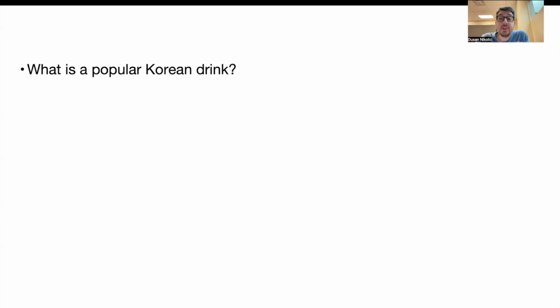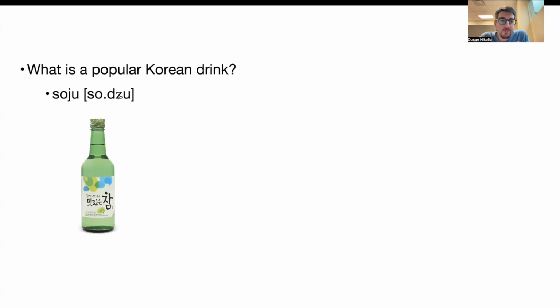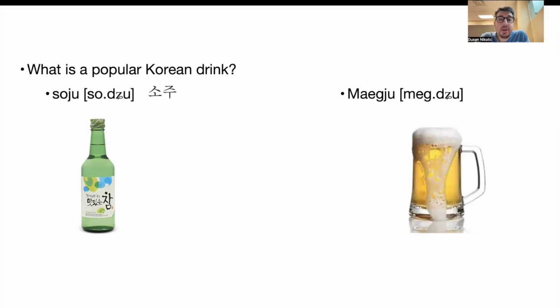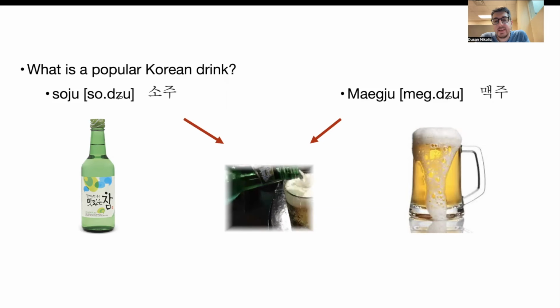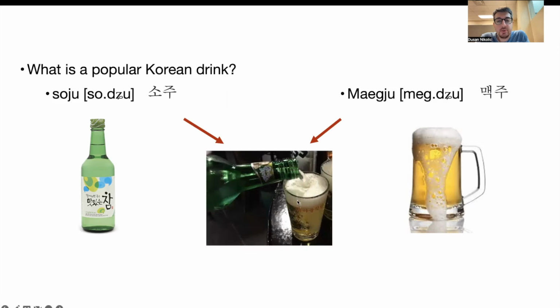What is a popular Korean drink? This is a pop quiz. It's soju, right? And it's written in Korean Hangul like this. But Koreans like to also drink maekju, which is beer, and it's written like this. Koreans like to mix it up a little bit, and they put soju into beer, and they make somaek. Why did they call it somaek?